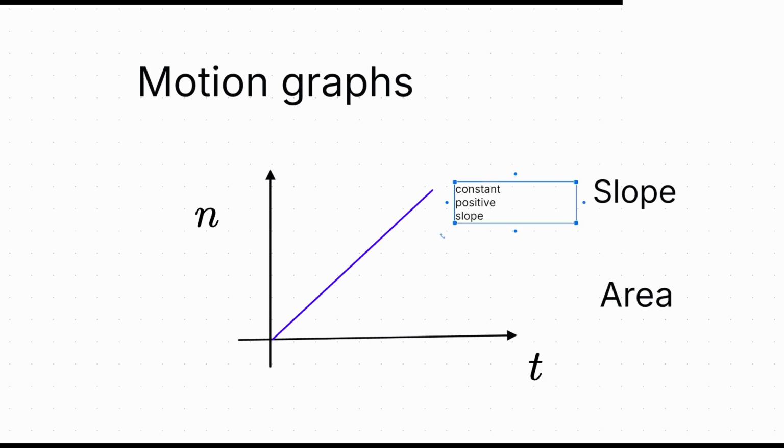Whether you put a person here or here, the elevation changes, but the slope is still the same. The steepness is constant.